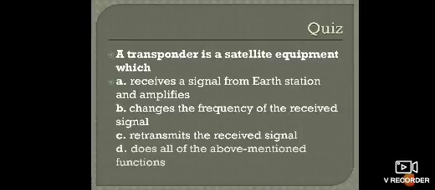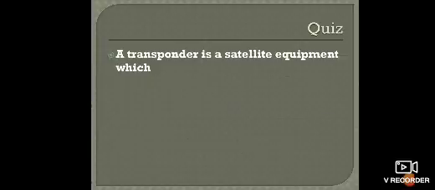That means a transponder is the main functional equipment in the satellite. This is about our quiz.